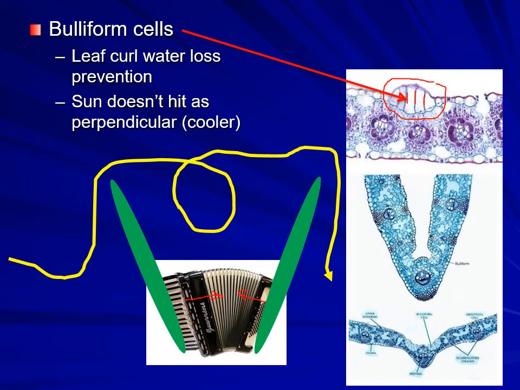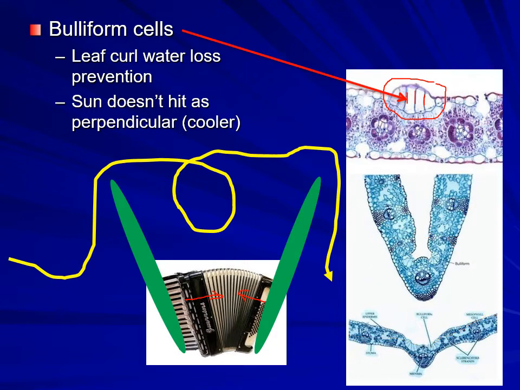So that's what the bulliform cells do. If the leaf was normally flat like this, it folds up into sort of a V shape. Think of it like a vertical V. So you'd be staring straight down into this bullseye, looking from the top down to the bottom of the leaf, if that helps depict what I'm trying to say.